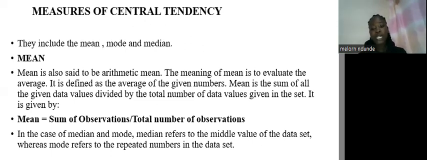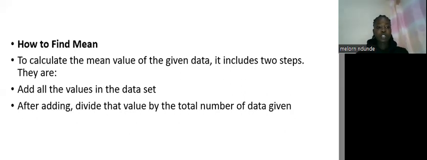Median refers to the middle number of the data set, whereas mode refers to the repeated number in the data set. I hope you've gotten a clear view of mean. So basically mean is the sum of the data given, which you divide by the total number of data values. So how do we find mean?